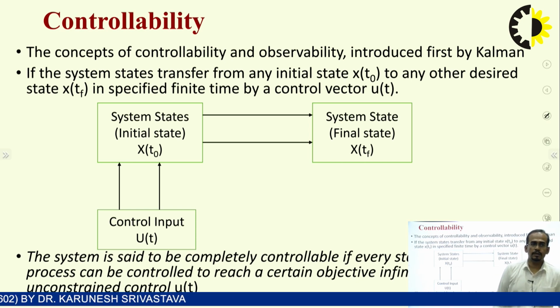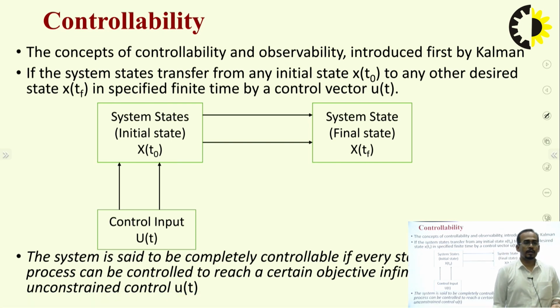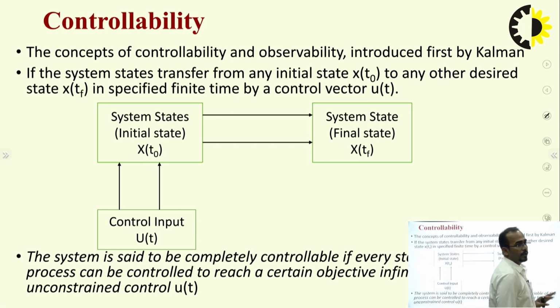If the system state transfers from any initial state to any desired state in a specified finite time, and this is controlled by the input, then we can check the controllability of the system.